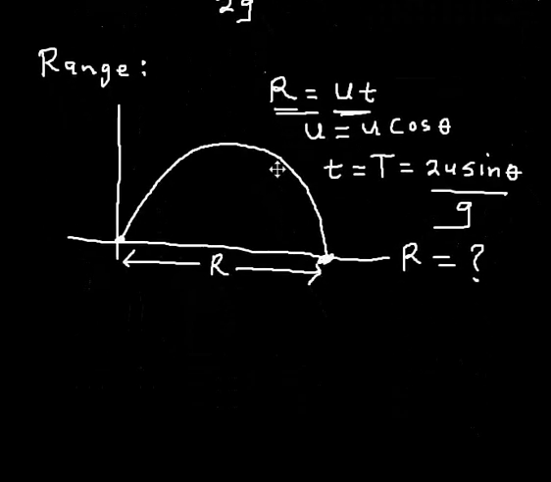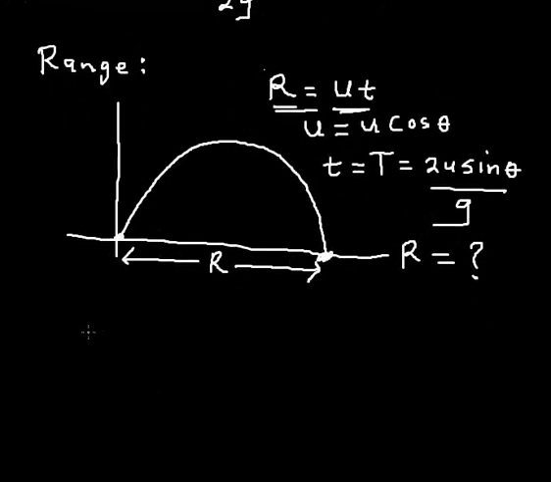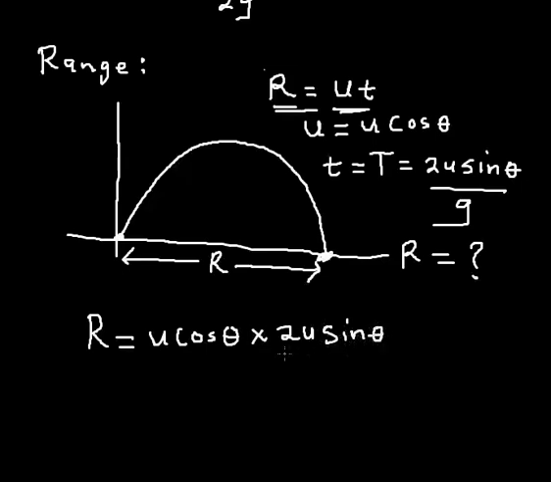So range is going to be equal to u, which is u cos theta, times t, which is 2u sine theta all over g.